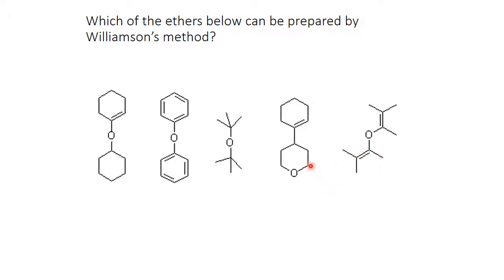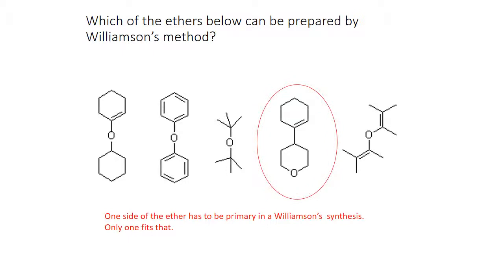However, if I look at this one, this is a primary carbon and this is a primary carbon. So what can I do in order to form this? I could have a halide here and the alkoxide over on this side, and the ring would form by an SN2 reaction. So this is the only compound that could be formed from that.